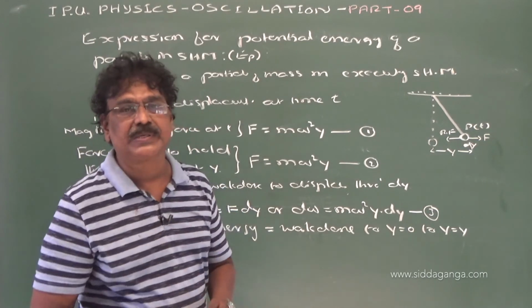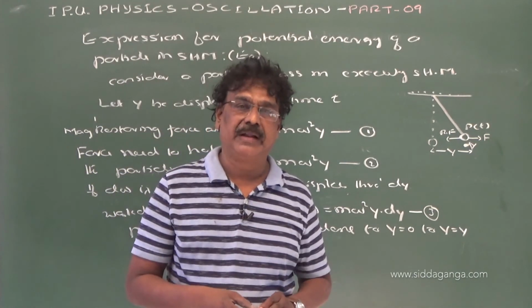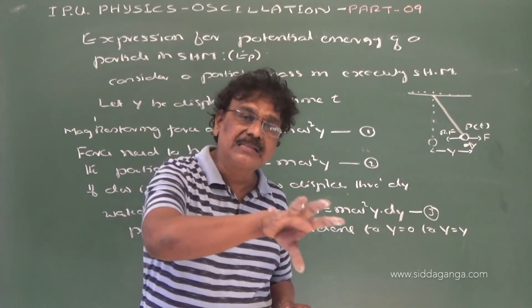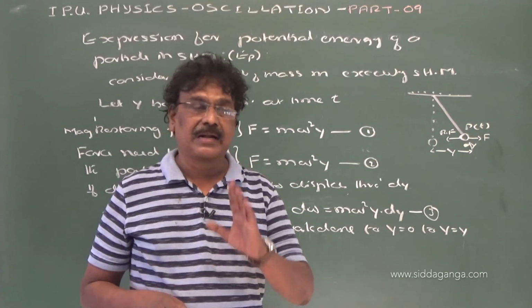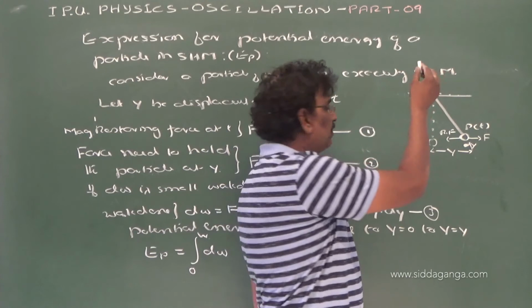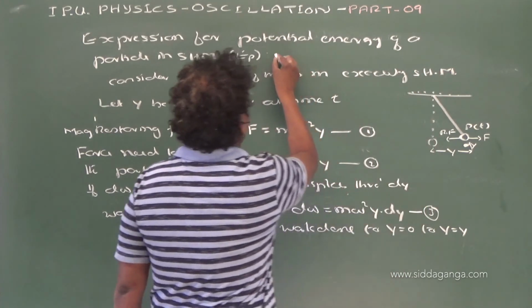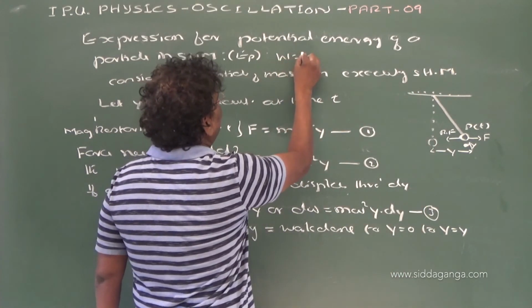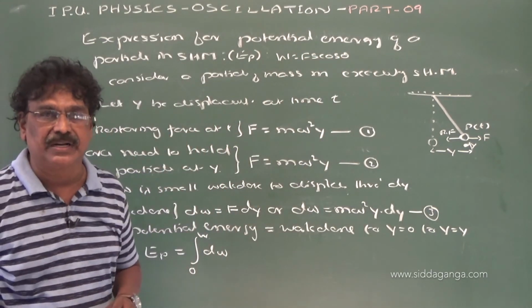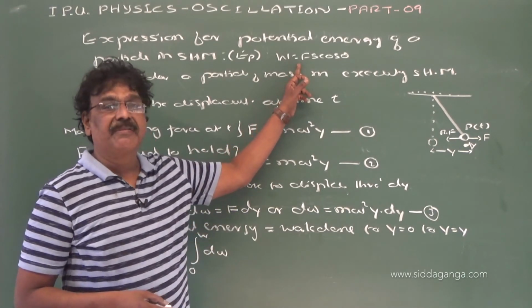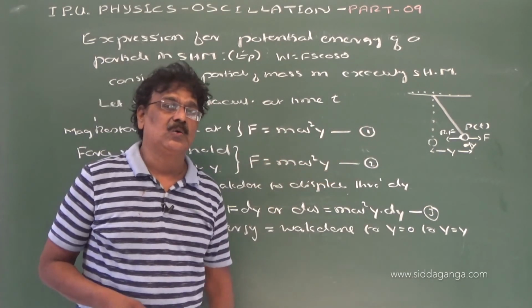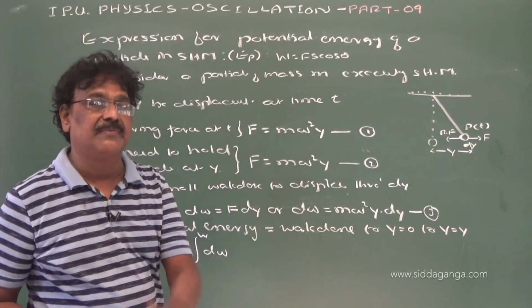Remember those concepts once again. In work, power, energy: work done by a constant force and work done by a variable force. Work done by a constant force is W is equal to F s cos theta, where F is the constant force whose magnitude and direction do not change with time.